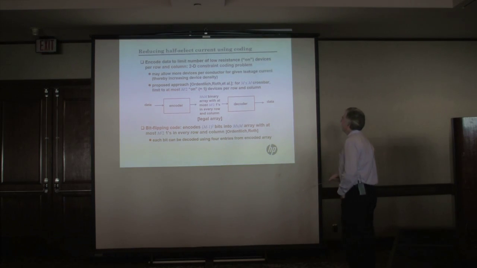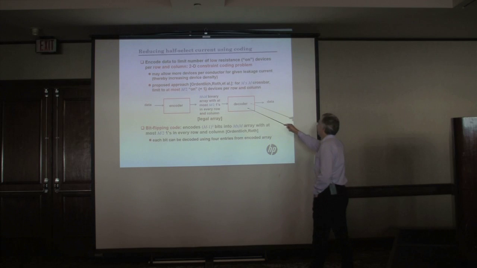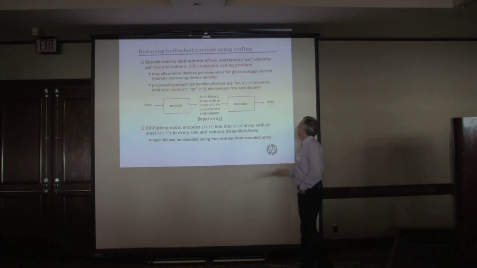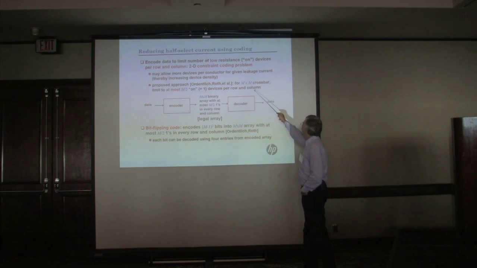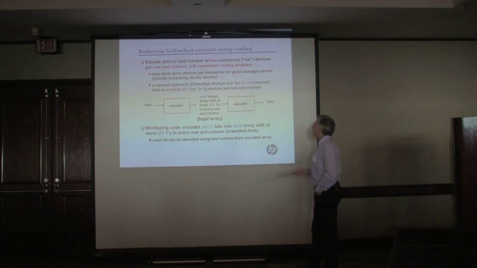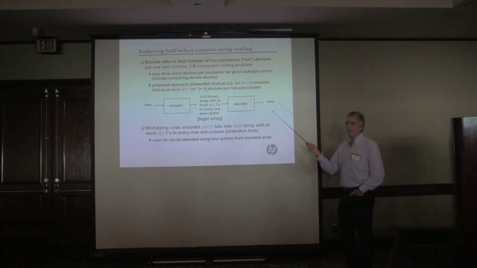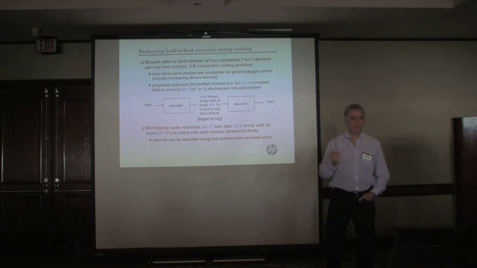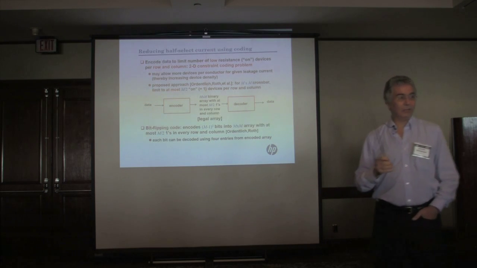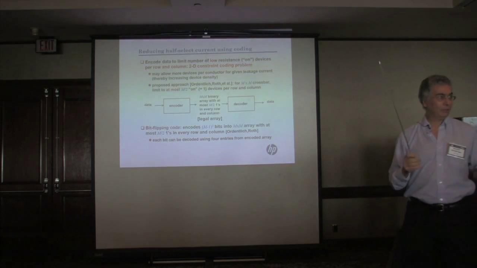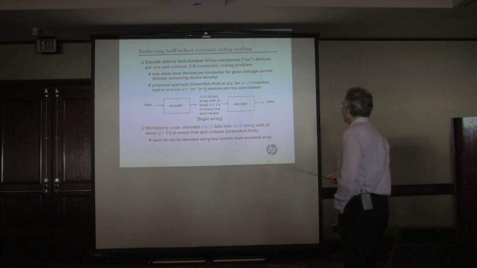And the proposed approach by Ordentlich, Roth and others in our group was, again, for an m by m crossbar, to limit to m/2. And the reason we are limiting to m/2, I'm not going to discuss right now. There are good reasons for that, and not to limit to some other fraction of conductors.